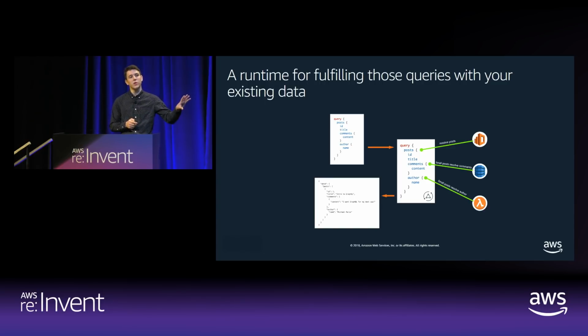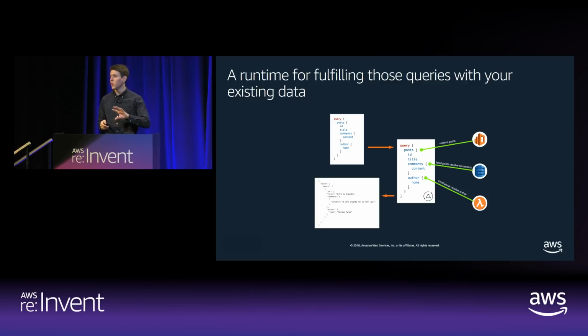So next, it's a runtime for fulfilling those queries with your existing data. So there's the query language that you use to request information from your client apps. There's also a runtime component that basically defines how a GraphQL server should run, and it defines the logic for how you resolve information from backend data sources. The cool part about this is that it doesn't actually imply that you're using any particular data source.